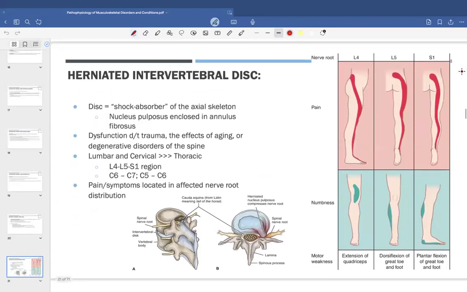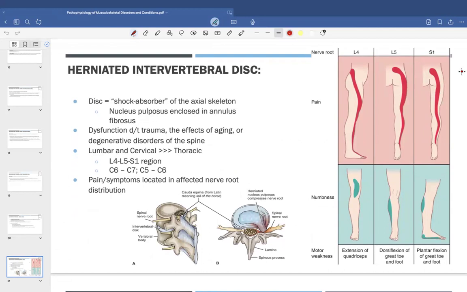We talked about herniated discs in clinical diagnostics, and the difference between, I always call it the jelly donut, but anyway, this walks you through and reminds you of the dermatomes and the distribution of your pain and numbness, as well as motor weakness, hitting all the different points as far as sensory and motor for your different nerve roots.